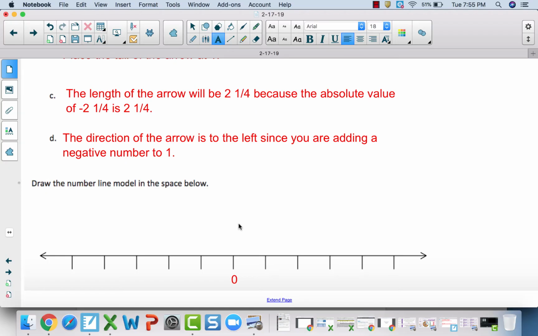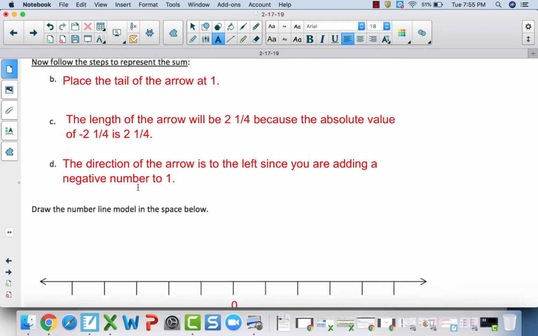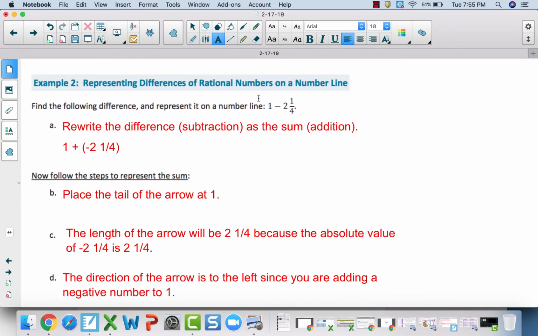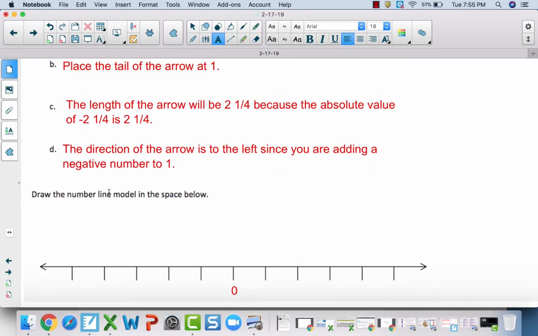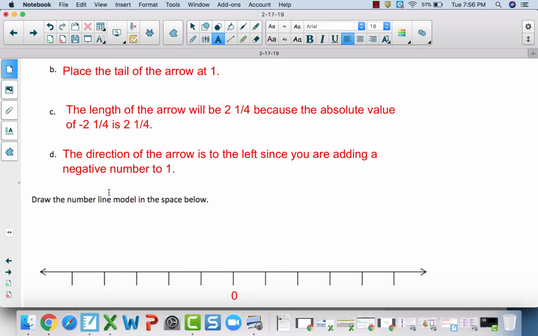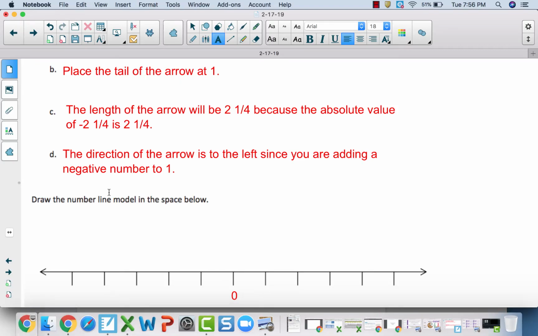I think you guys can handle the rest of this problem. Label by quarters, and then follow these steps to find the answer to this original problem. 1 minus 2.25, which we have changed to 1 plus a negative 2.25. So once you have completed your number line and used it to solve, come back and check the video to make sure you have done it correctly.